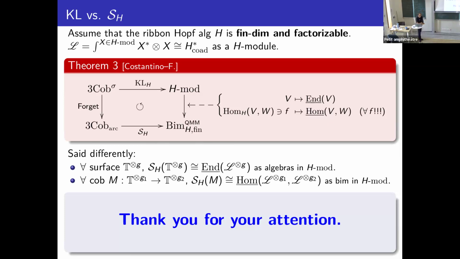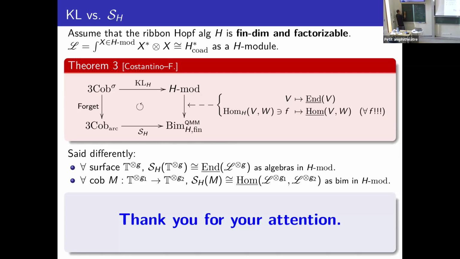But then for the quantum moment map, in the factorizable case, maybe a comment. In the factorizable case, it reduces to a much older notion, due to Varagnolo and Vasserot and Lu also. So when H is factorizable, a quantum moment map is just an algebra morphism from H to A. So here it is really H, not the dual, satisfying this condition.